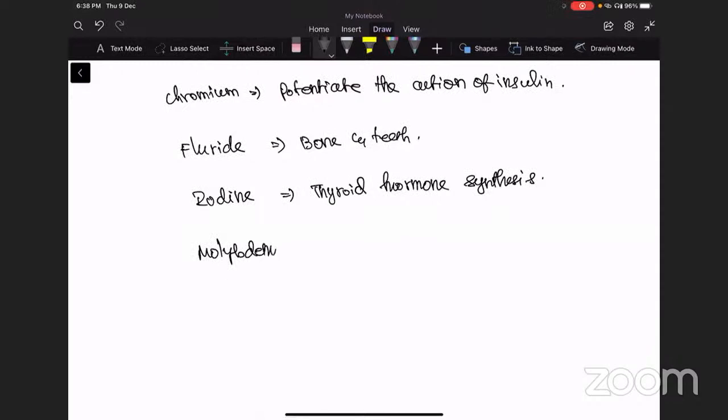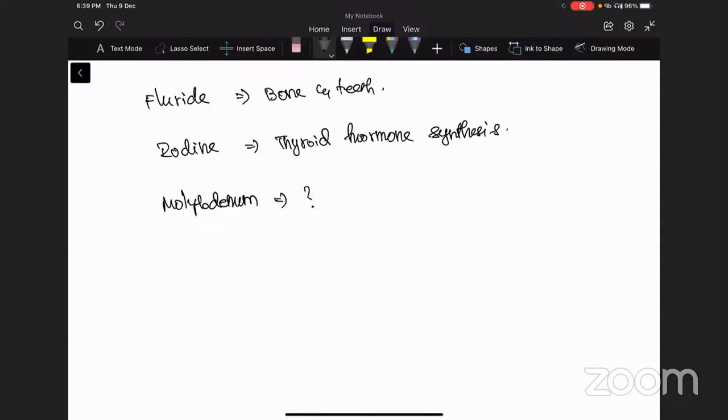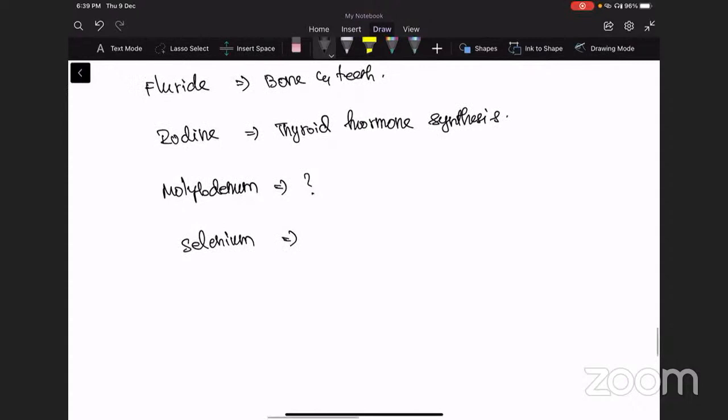Molybdenum is a cofactor for which enzyme? Please tell me in the chat box. Molybdenum has been asked in the exam.